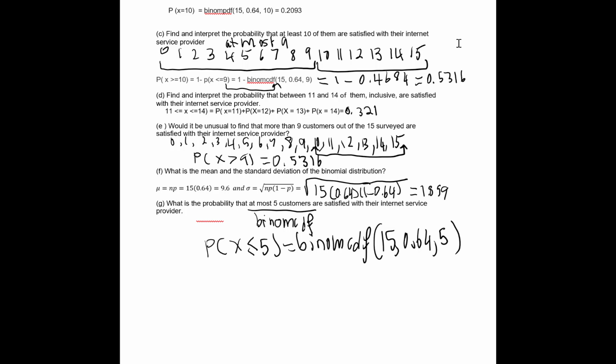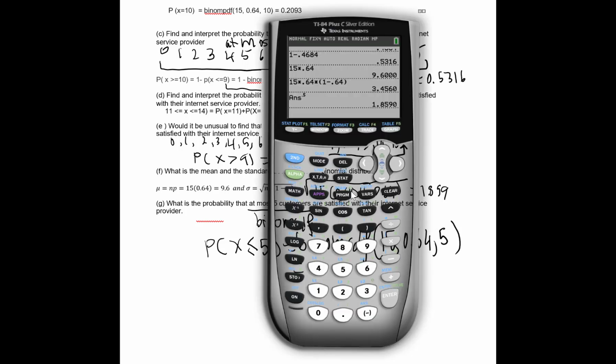What the calculator is going to do is find the probability of x equals 5, and then 4, 3, 2, 1, and 0, and add them up. But it's all done in one shot here. So let me bring the calculator back up. And second, variable. And then I'm going to show you how to do static range for this one one more time. All I need to do is change the 9 to 5 here. And the answer is 0.0154.